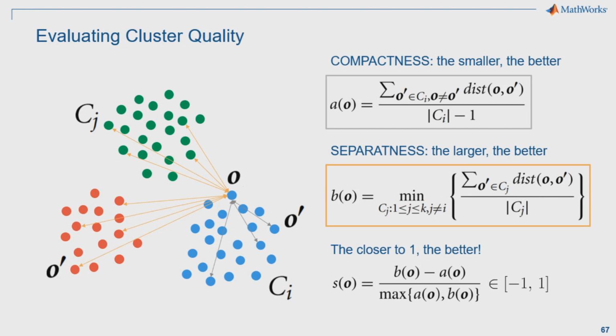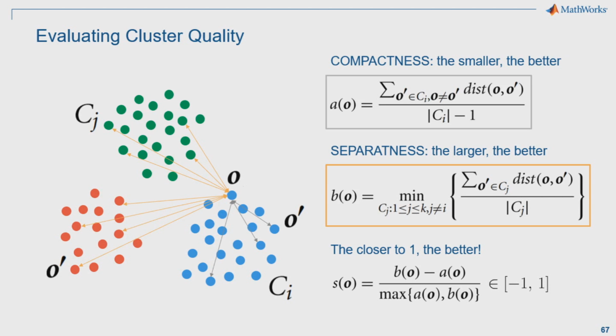The compactness, as you can see, can be computed just by averaging the distances among data points belonging to the same cluster. So after you run your clustering algorithm, you just evaluate all the pairwise distances of one point to all the other points belonging to the same cluster, and from averaging these distances you obtain the compactness.